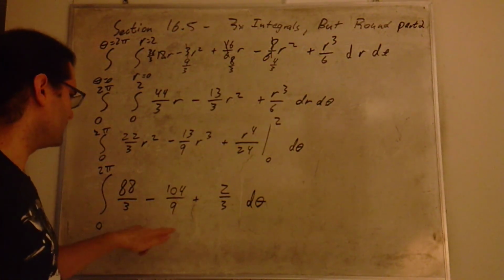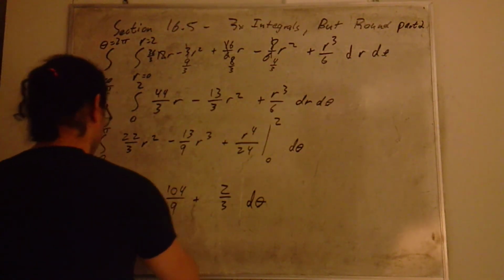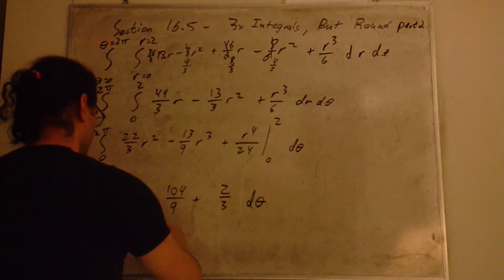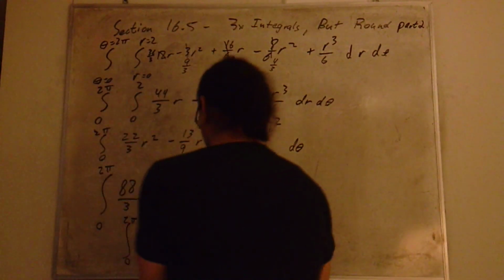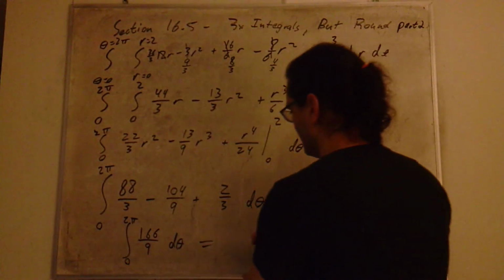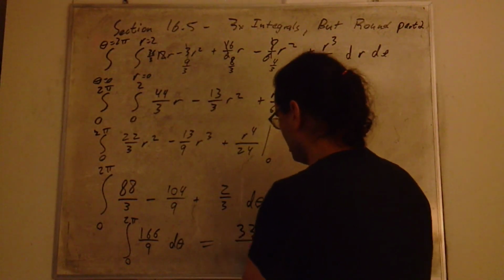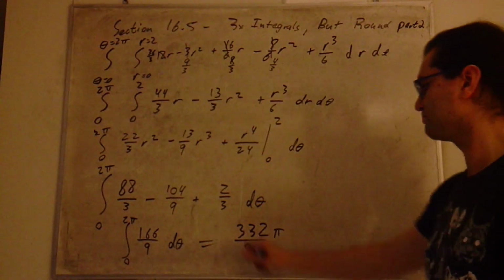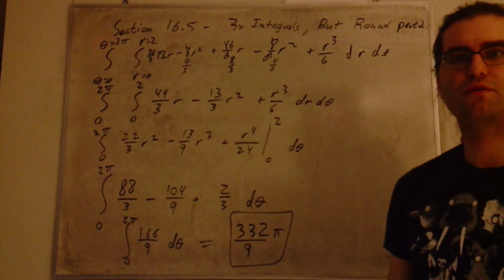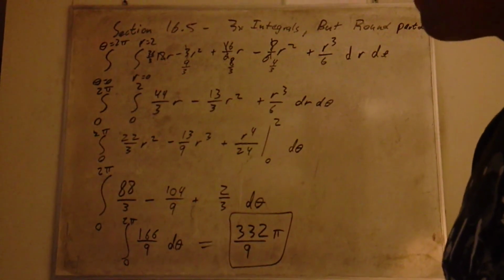Yeah, so that's 30, which is 270/9 minus 104/9 is 166/9. 0 to 2 pi d theta means I'm just multiplying it by 2 pi, so this is going to be 332/9 pi. It's kind of rushing at the end there because we're at 21 minutes and they didn't want this video to cut itself, so hopefully that was good.